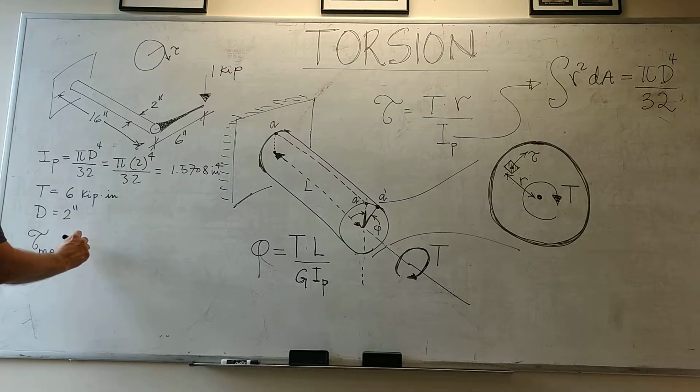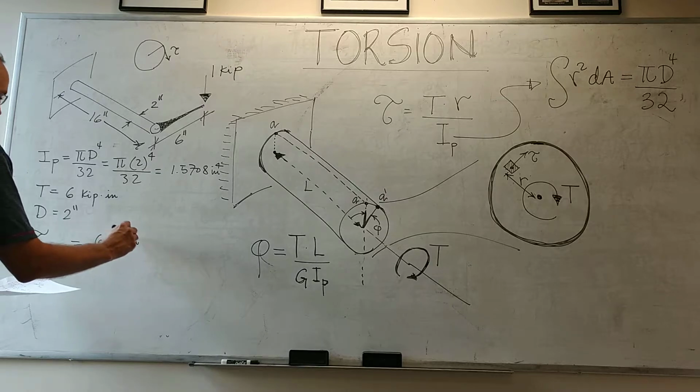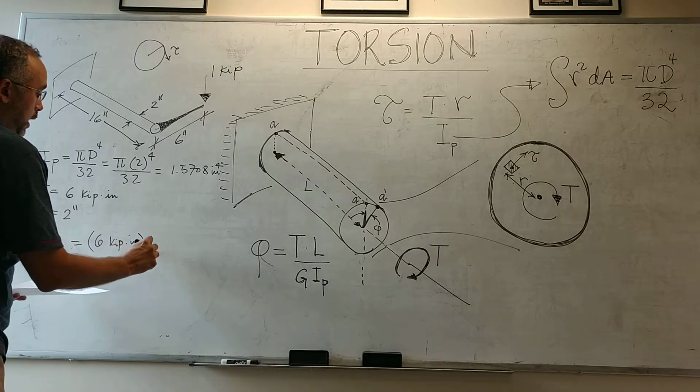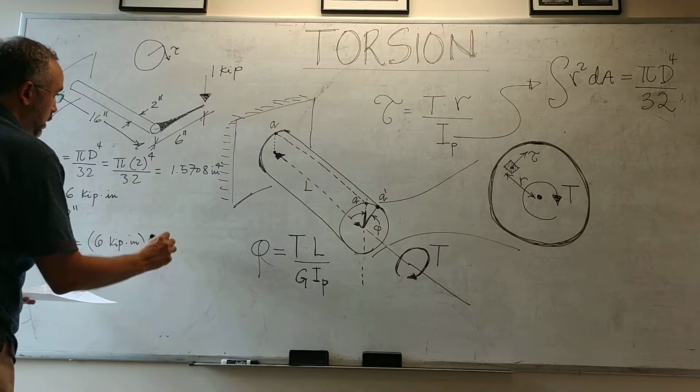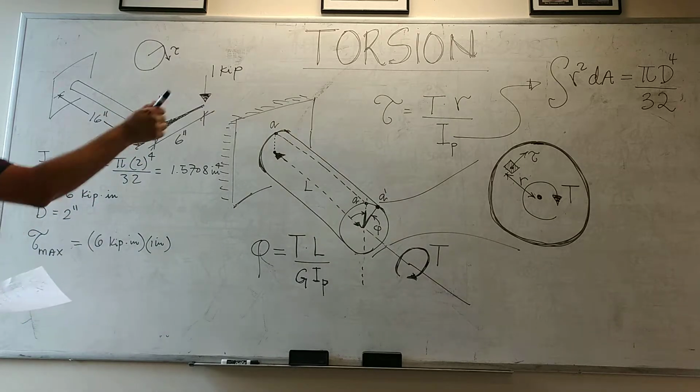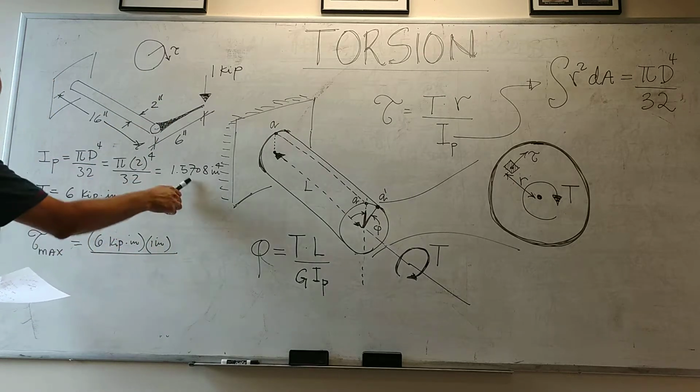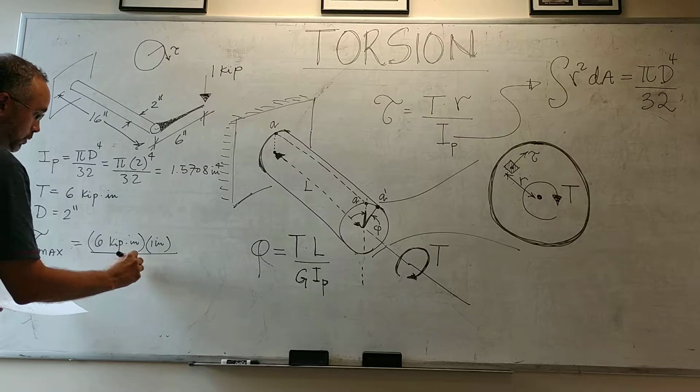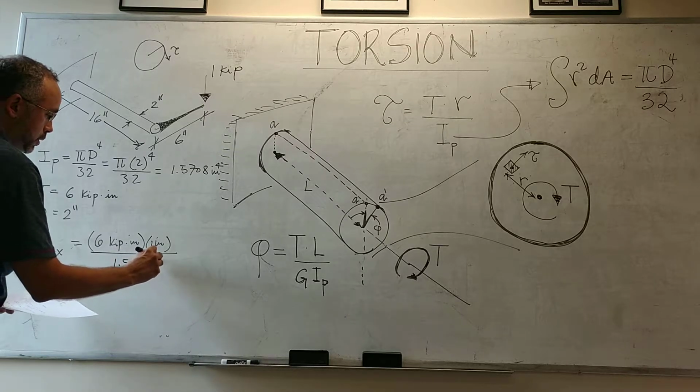In this case, the maximum stress would be 6 kip inches times the radius, which is 1 inch, divided by 1.5708 inches to the fourth.